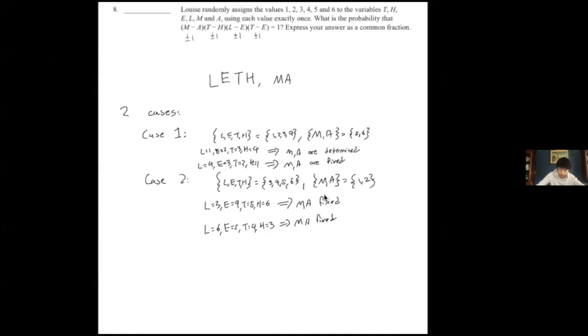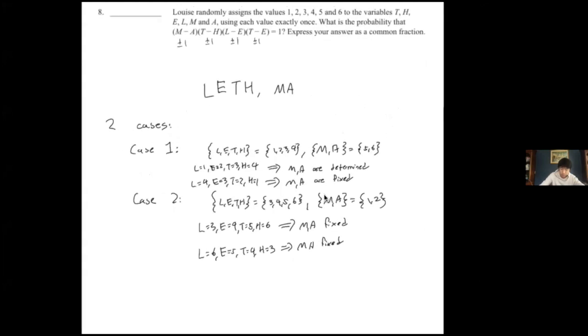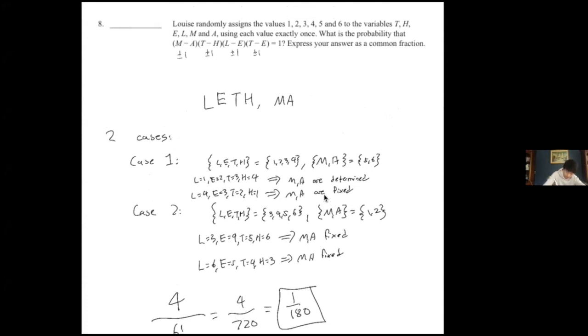So thus, we have exactly four ways to assign the variables to the values 1 through 6 which give us that the product of these differences is 1, and there are 6 factorial different ways to distribute them. So it's 4 over 720, which equals 1 over 180. And that is the answer to this final problem from the target round.